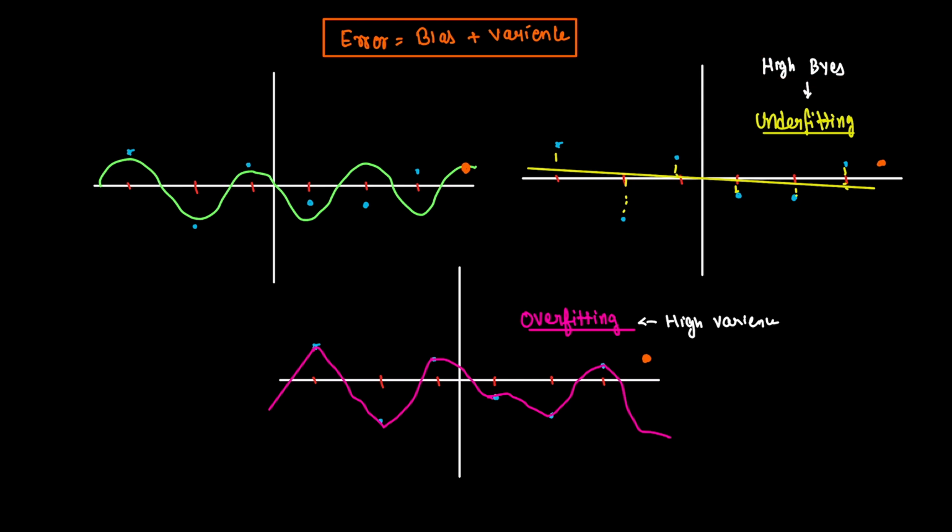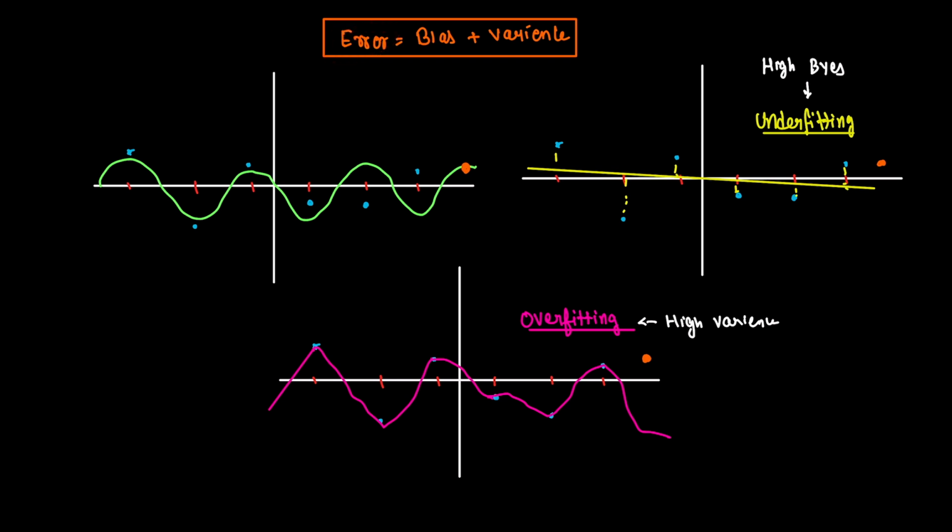We have already studied bias-variance trade-offs, that is, error equals bias plus variance. So we need a learner which balances both of these.